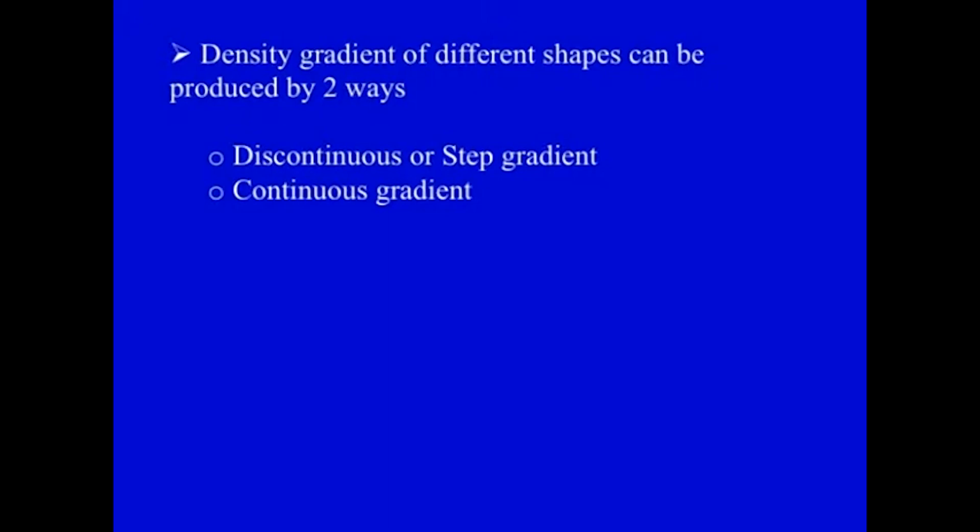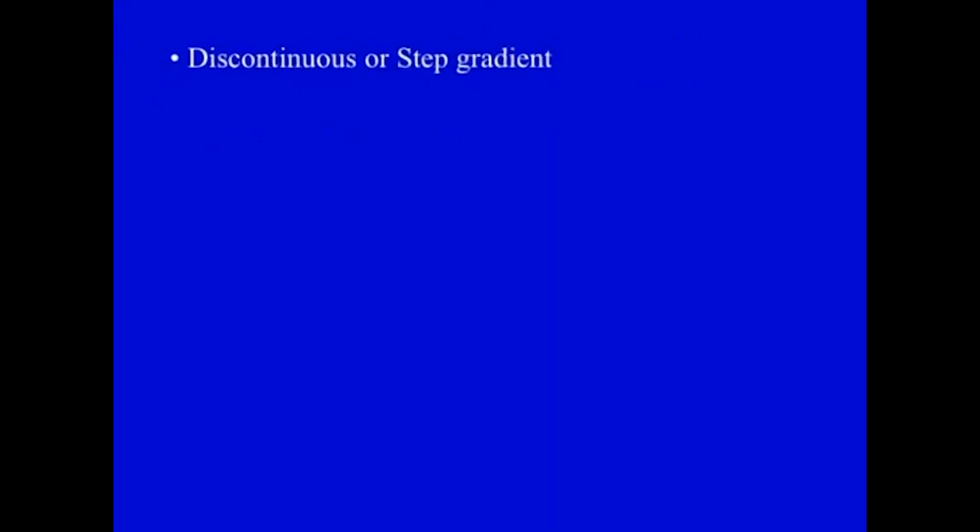Density gradients of different shapes can be produced, and like we were discussing, it could be a discontinuous or step gradient, or it could be a continuous gradient. A discontinuous or step gradient is made by the overlayering method.